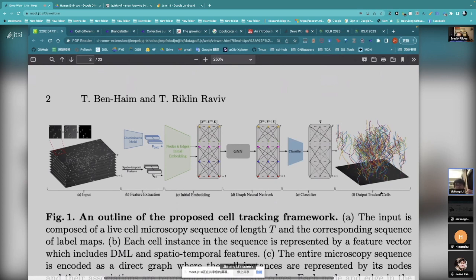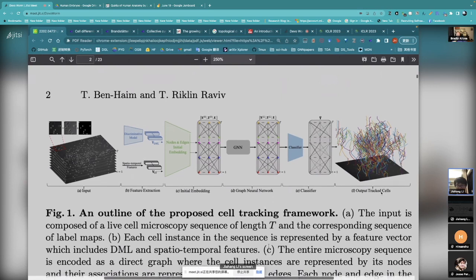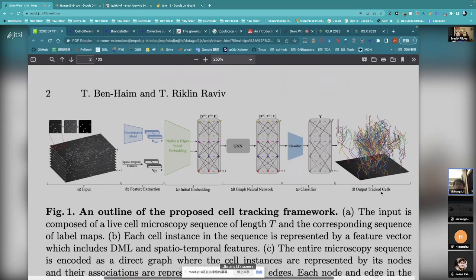Like we look at the cell development process from the perspective of a network, of a graph, of a point cloud, or something else. When you have a point cloud or a network structure, you can investigate the geometry, topology, and something else from this point cloud.